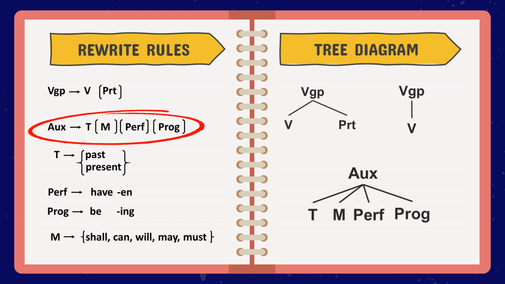Now to illustrate, auxiliary consists of tense and then modal and then perfect tenses and progressive tenses. And we can also just have T, which is obligatory. So the rest, they're just optional.